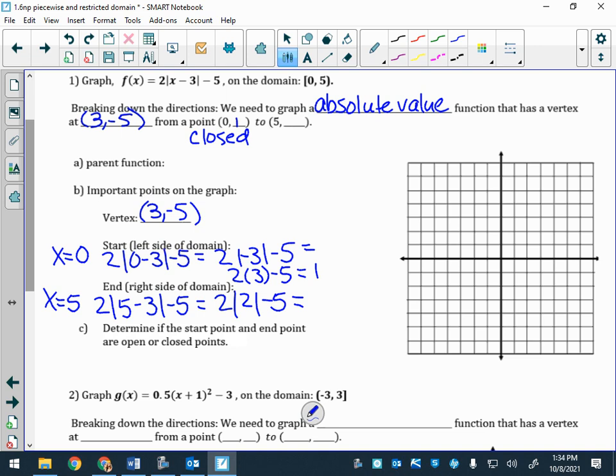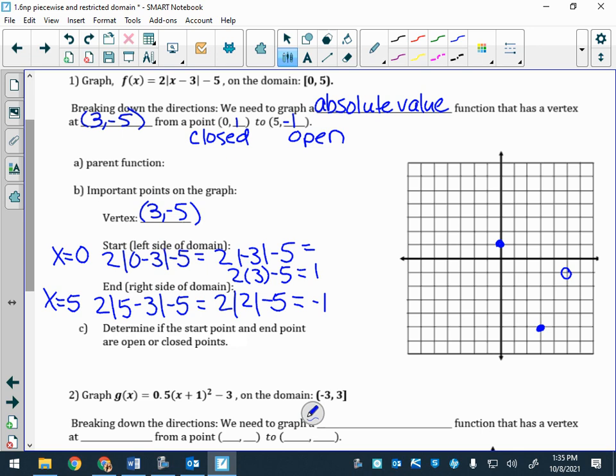Negative 1. Now, Lila, is that going to be open or closed? Open, good. All right, so we have three points right now to plot. We have our vertex, (3, -5). Then we also have (0, 1), which is a closed circle. Then we have (5, -1), which is open.